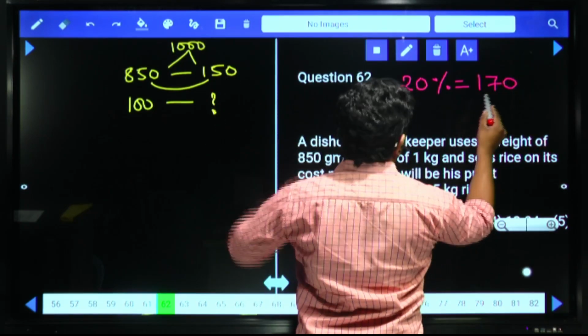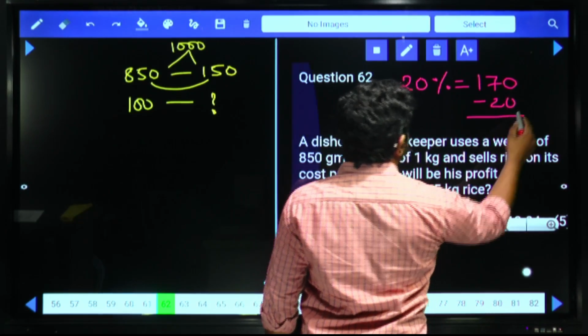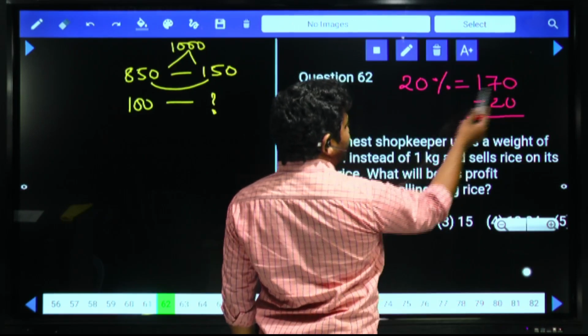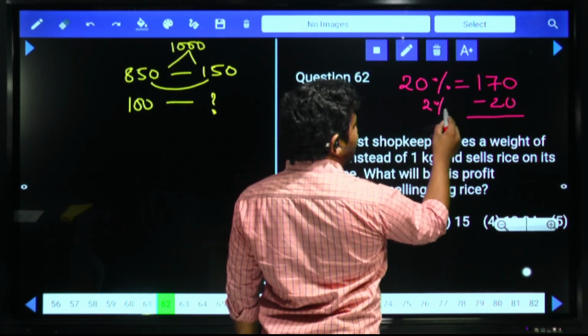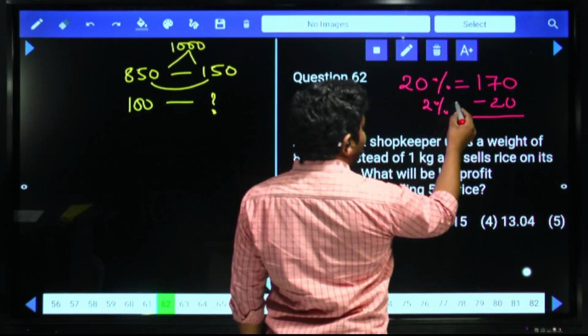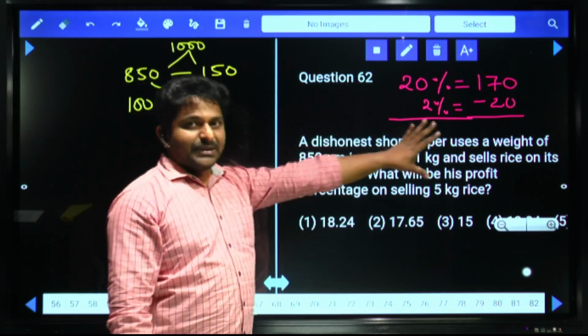But on the right hand side we have only 150, so we must subtract 20 from it to make it 150. If 20% is 170, then 2% is 17. We need to subtract more than 2%. So if it is 2%, then we would get 18% as the answer.